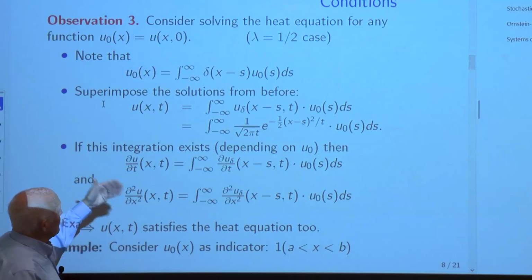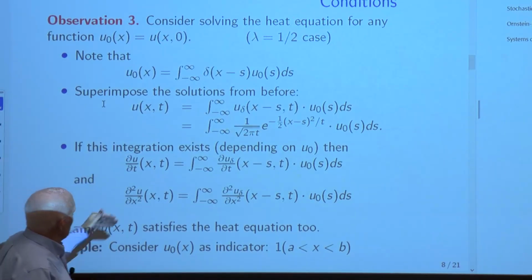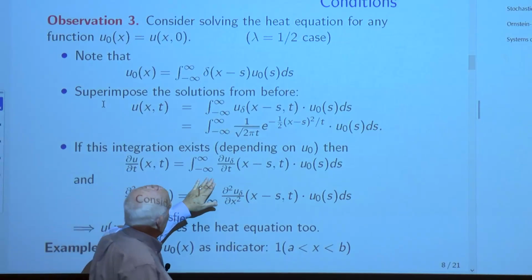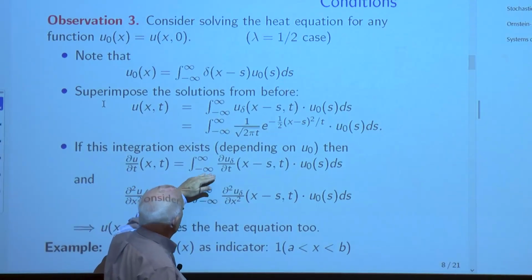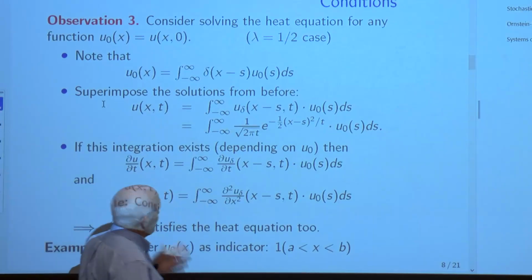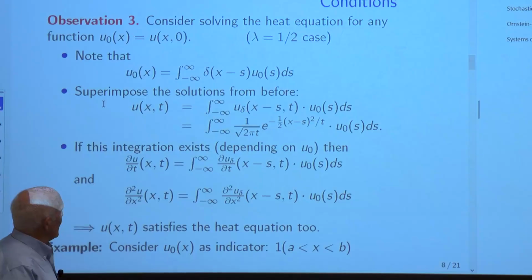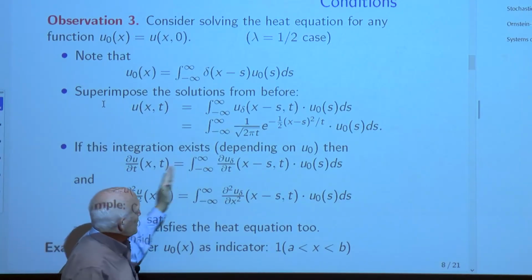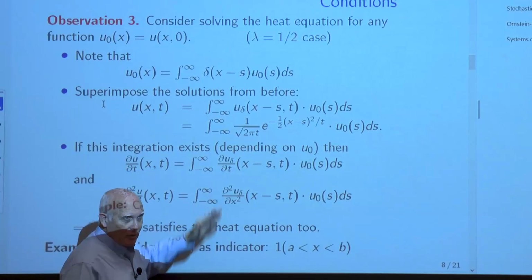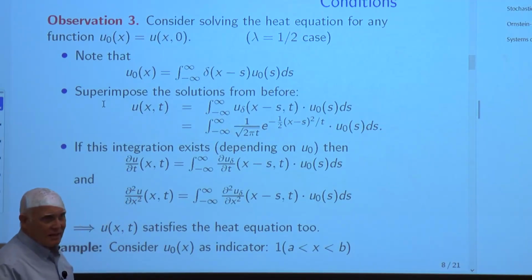Now, when we can differentiate underneath the integral sign, then basically the values of the u function can be represented as in a Taylor series with the terms in the Taylor series corresponding to these differentials. And each of those satisfy the heat equation alone.